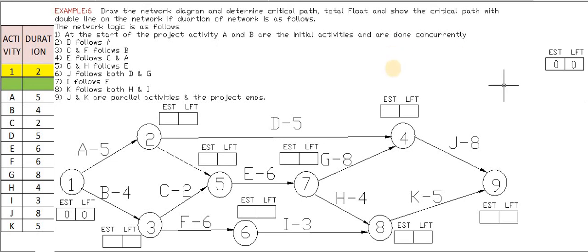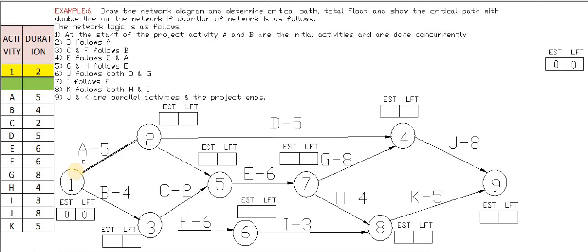So we will start from the first node, serial number 1. Initially we have taken 0, 0, because this is the initial point. Now we proceed to node number 2, earliest start time. What is the previous earliest start time? That is 0. How many arrows are meeting at this node number 2?